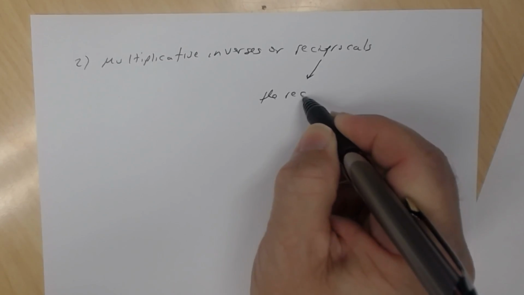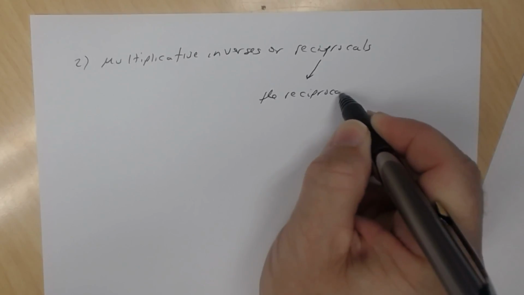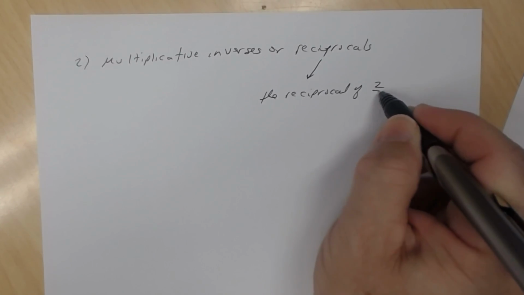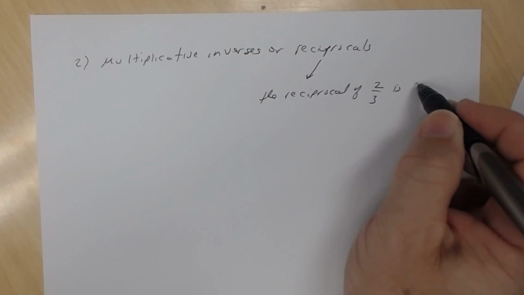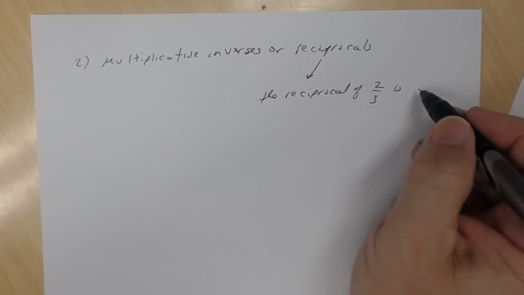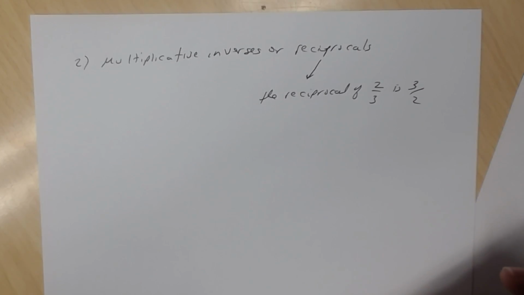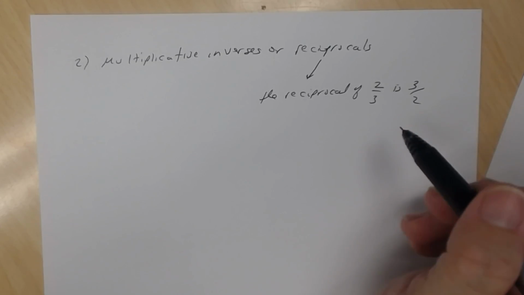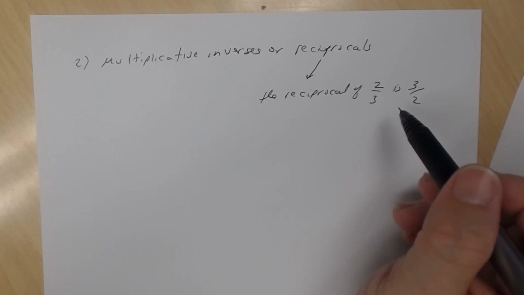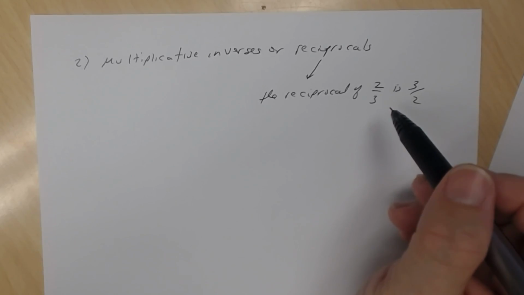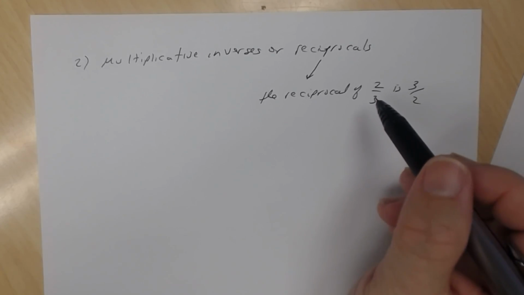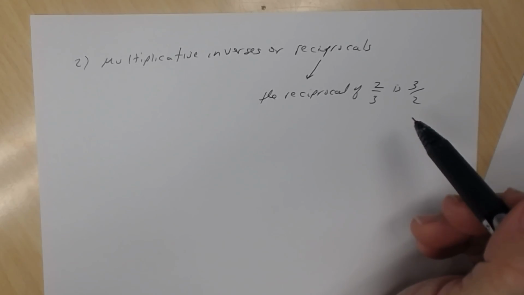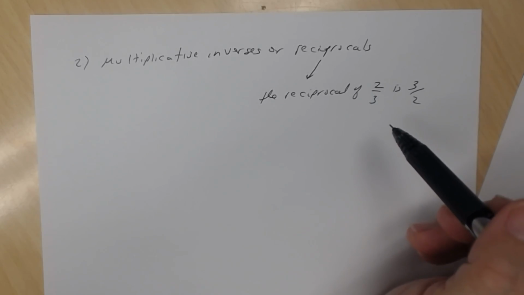The reciprocal of 2/3, and remember, just take the reciprocal of that fraction, is 3/2. The reciprocal of 2/3 is 3/2. And don't say negative 3/2. First of all, 2/3 and negative 3/2 have no relationship in terms of inverses.